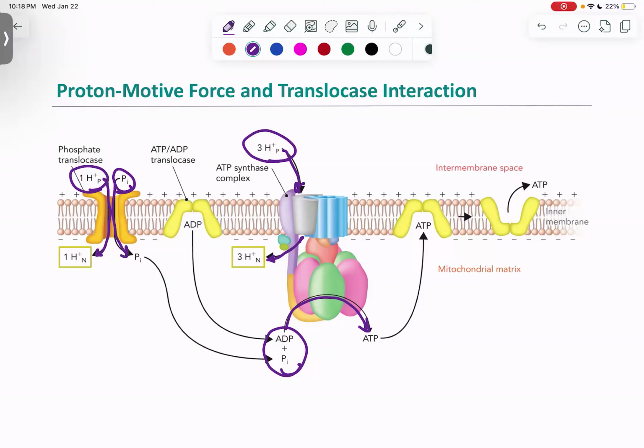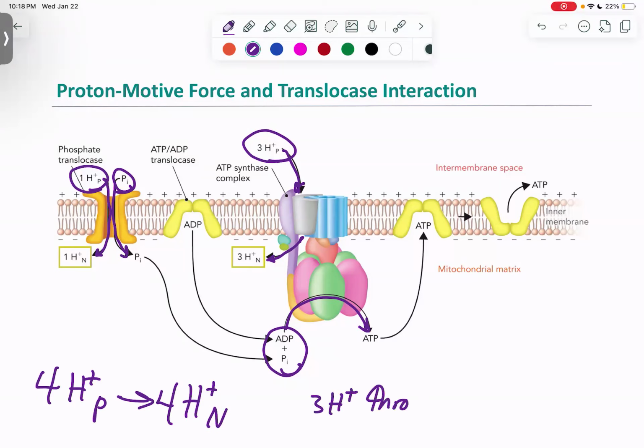So how many protons do you really need to synthesize your ATP? You really need 4 going from the intermembrane space to our matrix. So we get 3 of our protons through the ATPase.